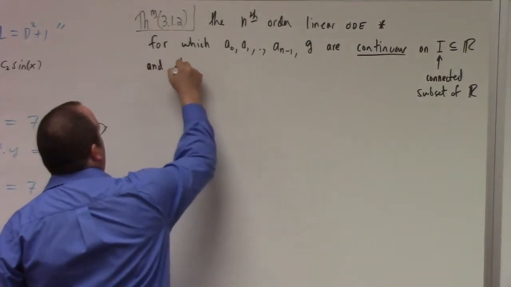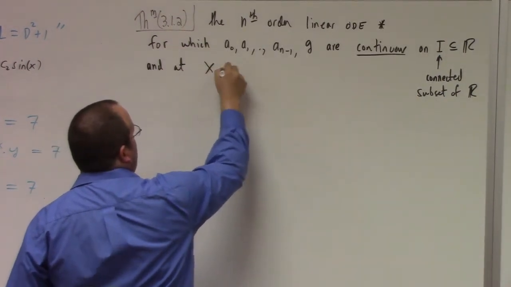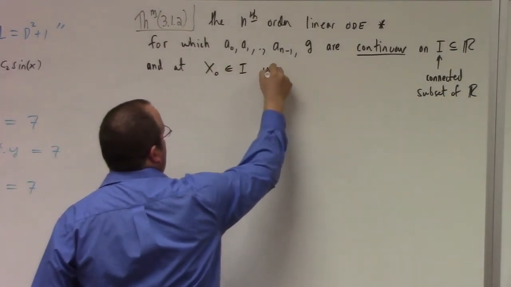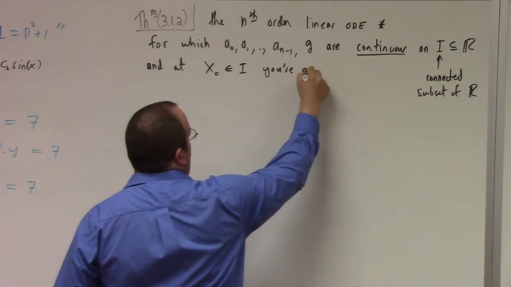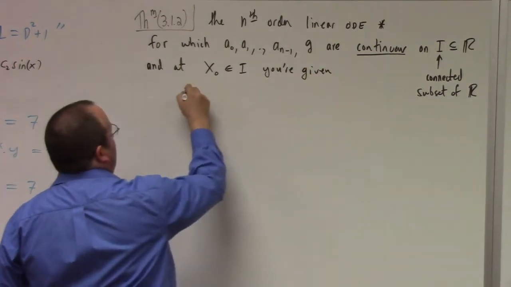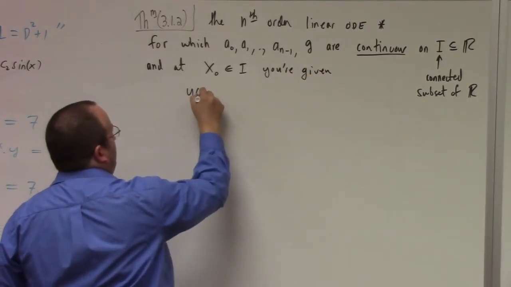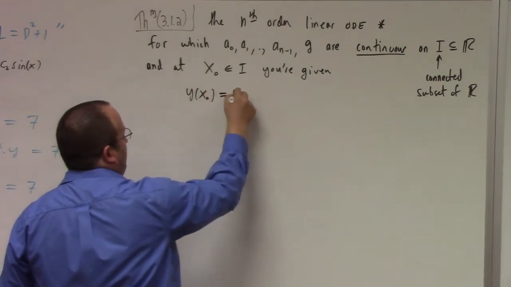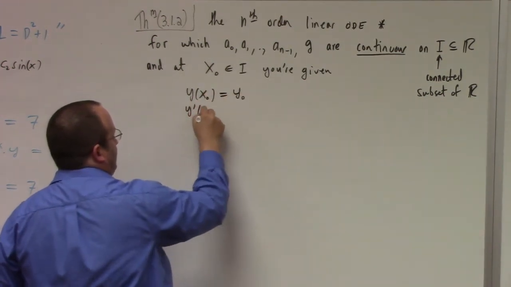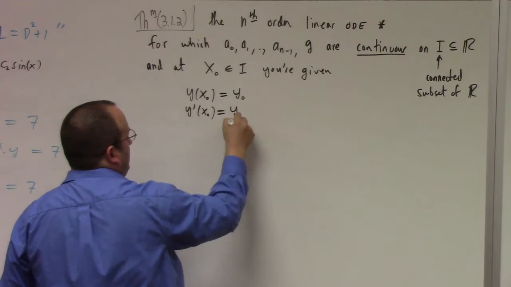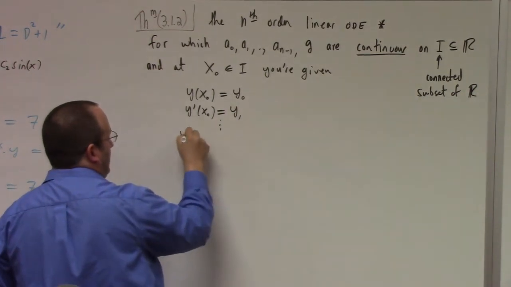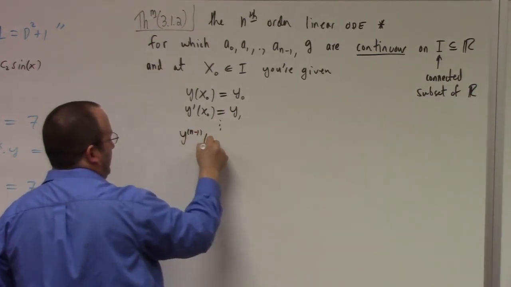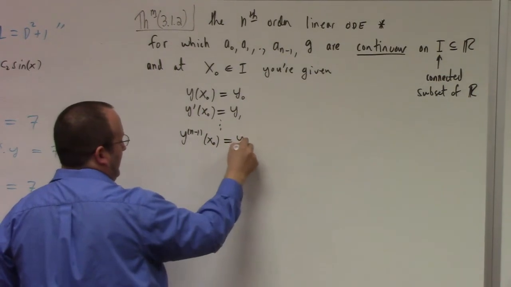and at x naught an element of I, you're given that y of x naught equals y naught, y prime of x naught equals y1, on down the line, all the way up to the n minus 1th derivative at x naught equals y sub n.